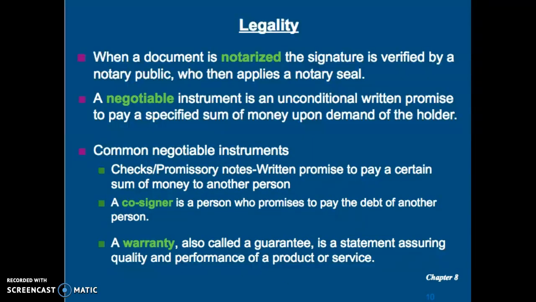Moving on a little bit more in legality, we're talking about notary and notarization, which you probably aren't familiar with because most teenagers haven't had things notarized, but they do mention it in 8.2. A notary is a person that actually has to go through a program and become a notary.